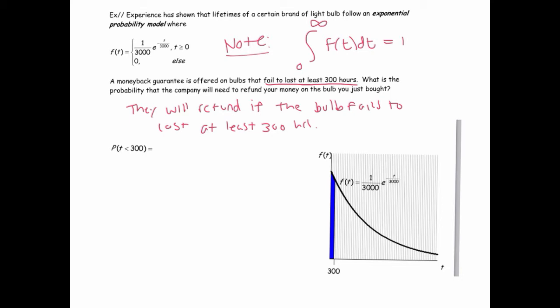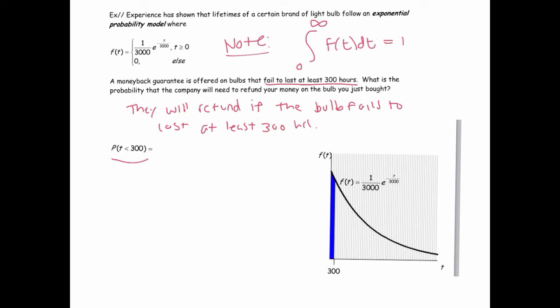Another way of saying that is we want to find the probability that the time at which the light bulb burns out is less than 300. That's what this notation says.